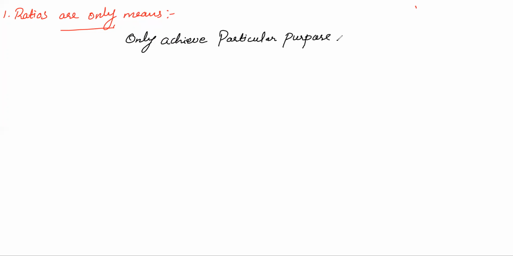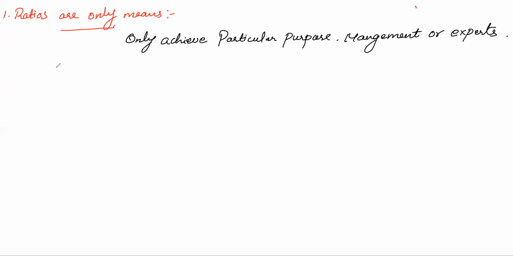Okay, so the analysis of related items must be done by the management or experts with the help of ratios. That's all.